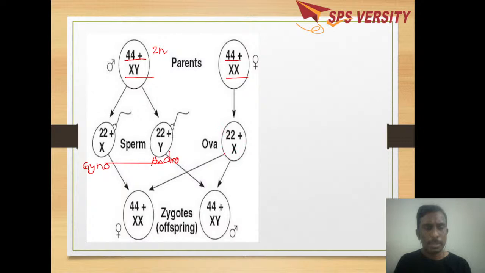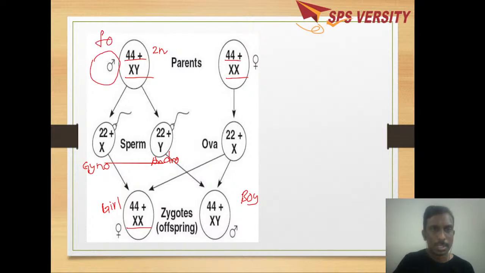The female gamete which fuses with gynosperm leads to the female, the baby girl. Whereas the female gamete which fuses with androsperm gives the baby boy. So the one responsible for the sex determination of the child is the male, the father. It is not the mother.